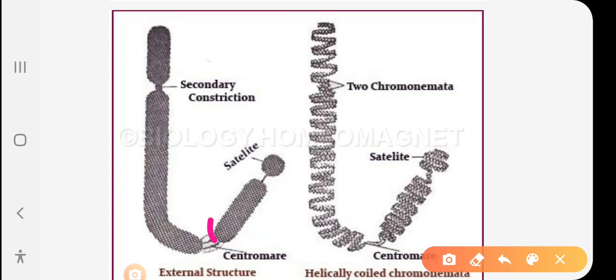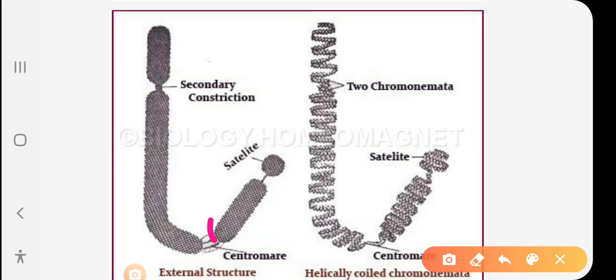Apart from the centromere, there are secondary constrictions also in some chromosomes, not in all the chromosomes. In some special chromosomes, apart from the primary constriction, that means the centromere, there are some secondary constrictions also.